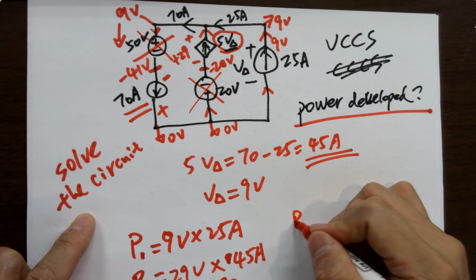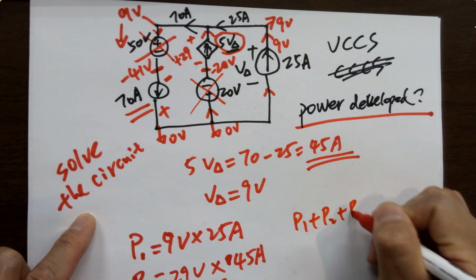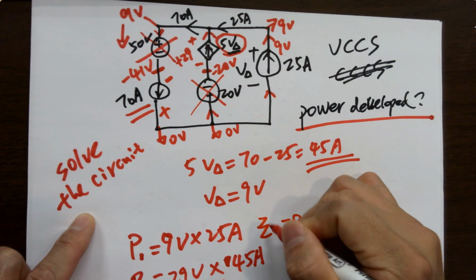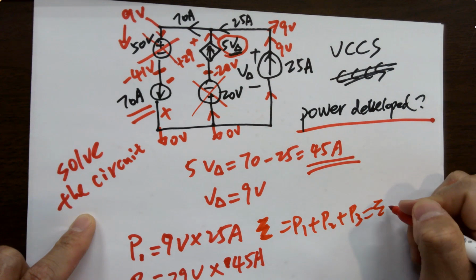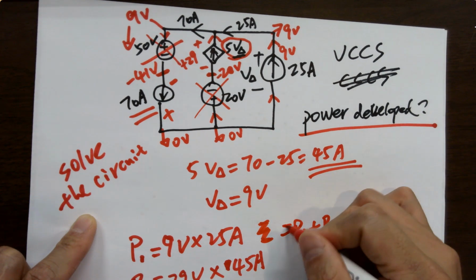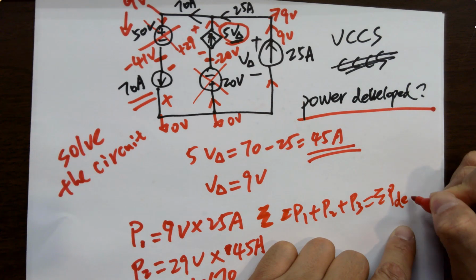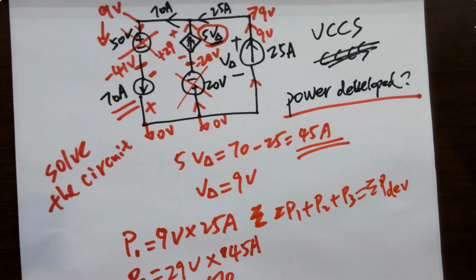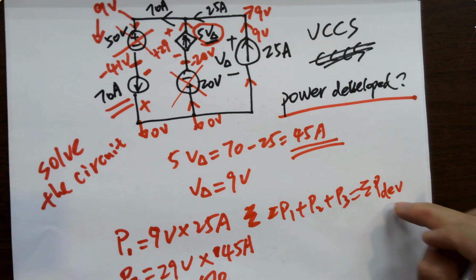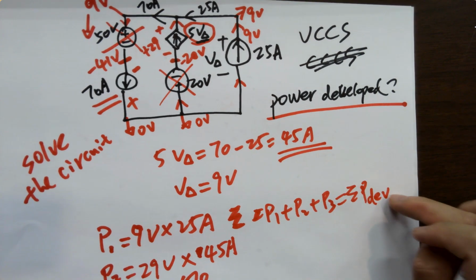Just P1 plus P2 plus P3, just adding them together, right? So that's all the P's developed. P developed, okay? P dev.